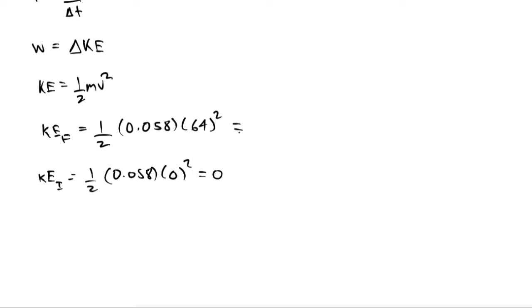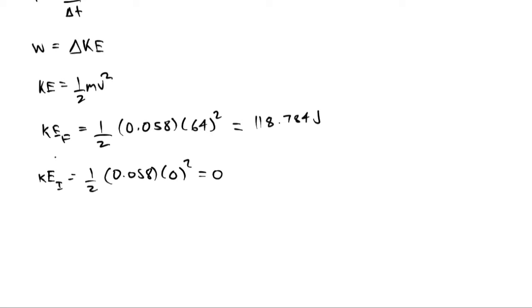So what does the kinetic energy final equal to? Let's put this into our calculator. So we get 0.058 divided by 2 multiplied into 64 square. We get about 118.784 joules.